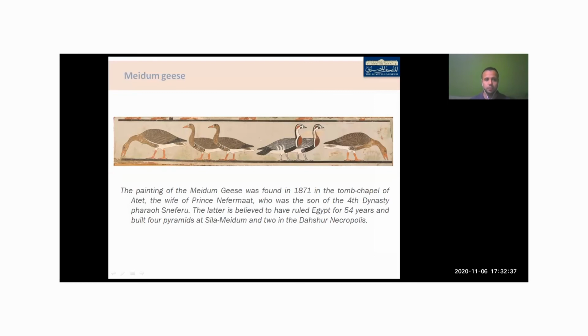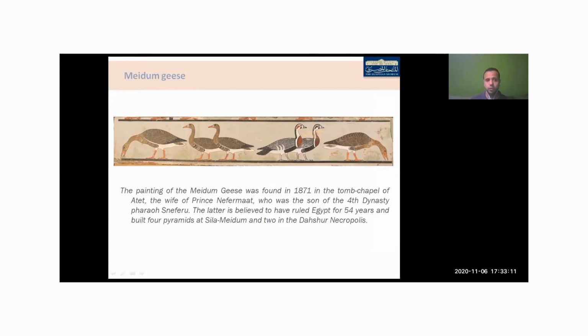The painting of the Meidum geese was found in 1971 in the tomb chapel of Atet. She is the wife of the prince Nefermaat, who was the son of the first dynasty pharaoh Snefru. The latter is believed to have ruled Egypt for 54 years and built four pyramids.